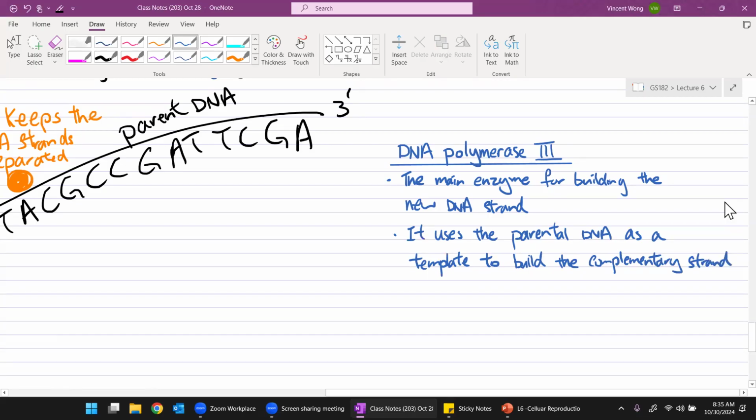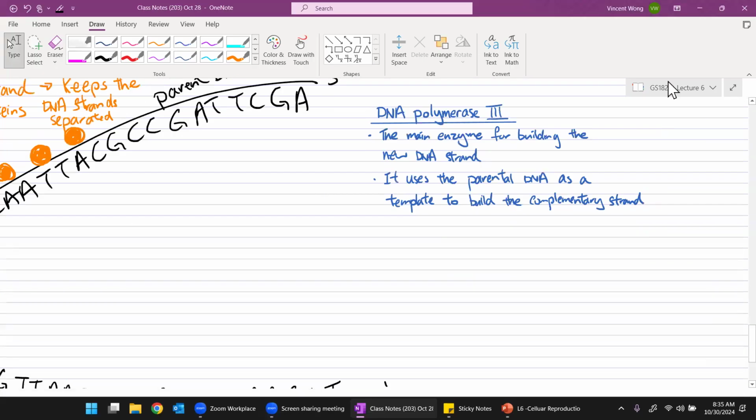Okay. So the black stuff here, that's the original, right? And we know DNA replication is semi-conservative. That means you're going to keep the original black nucleotides, and then you're going to use the base pairing rule to build the missing half. Okay.